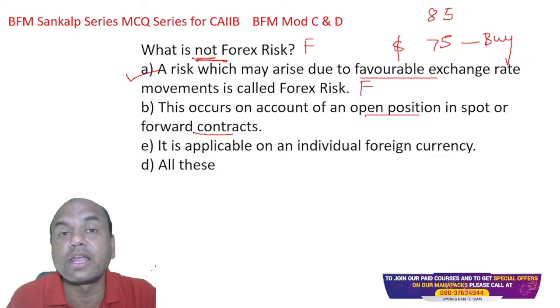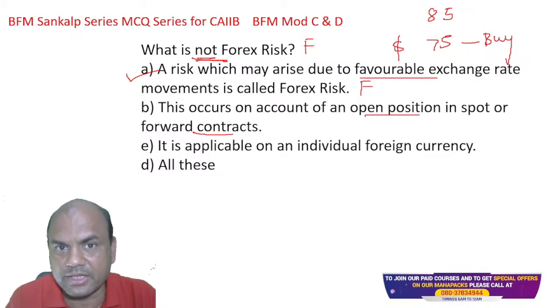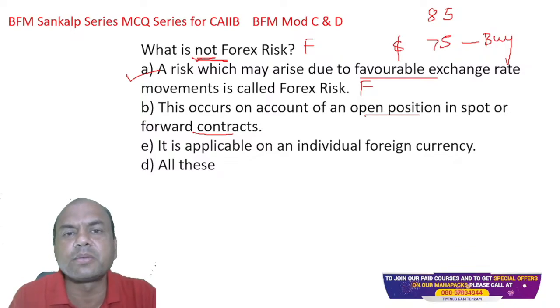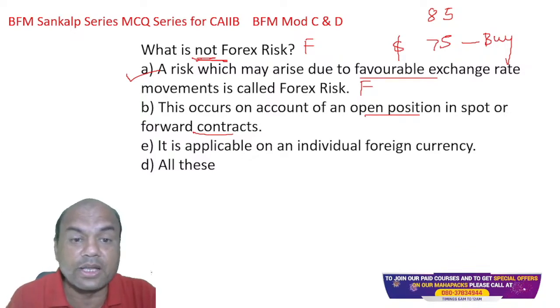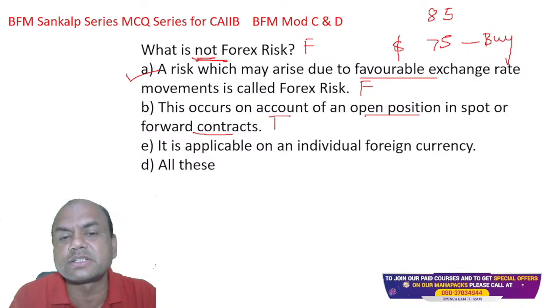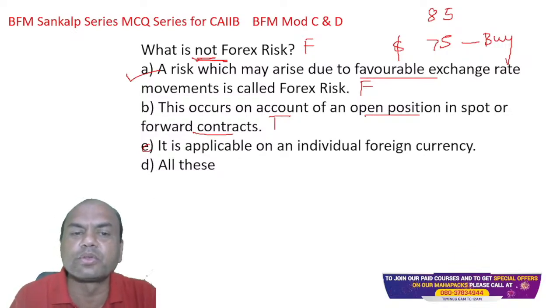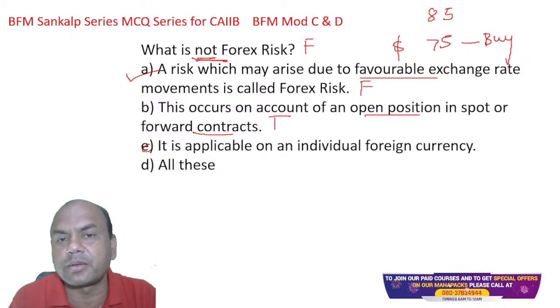Open cash or day-end cash, what we say in our bank, is the same logic. So this will definitely arise because of this. So this is true. Obviously, in the exam don't even check this third answer, because you know this is true. So all of them can't be the answer. So A is the answer.